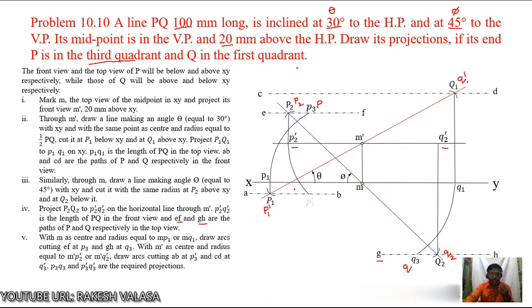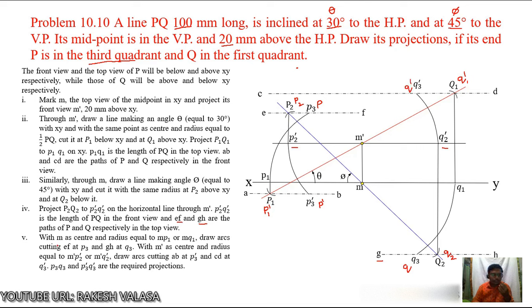That name is P dash. Next, now M dash center, M dash Q2 dash radius, draw the arc from Q2 dash to the locus of Q1 dash. This name is Q3 dash or Q dash.